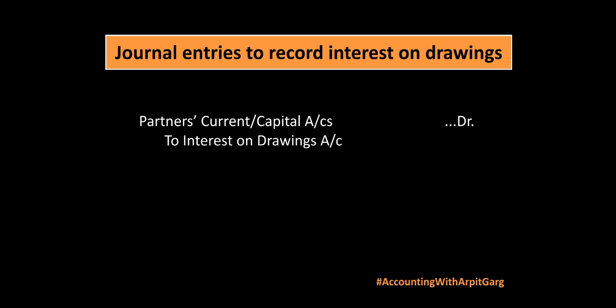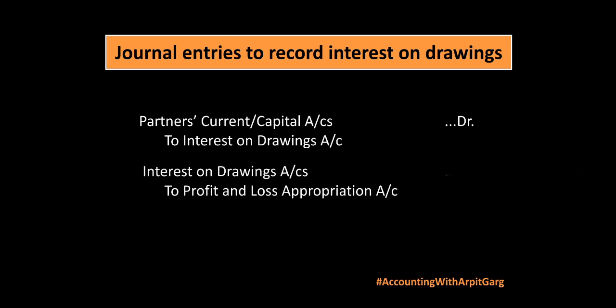When he is taking drawing, he will give us interest. And when we are receiving, so it is our income. And all incomes and gains are credited. So credit interest on drawing account and debit partner's capital or current account. Then closing entry, debit interest on drawing and credit profit and loss appropriation account.